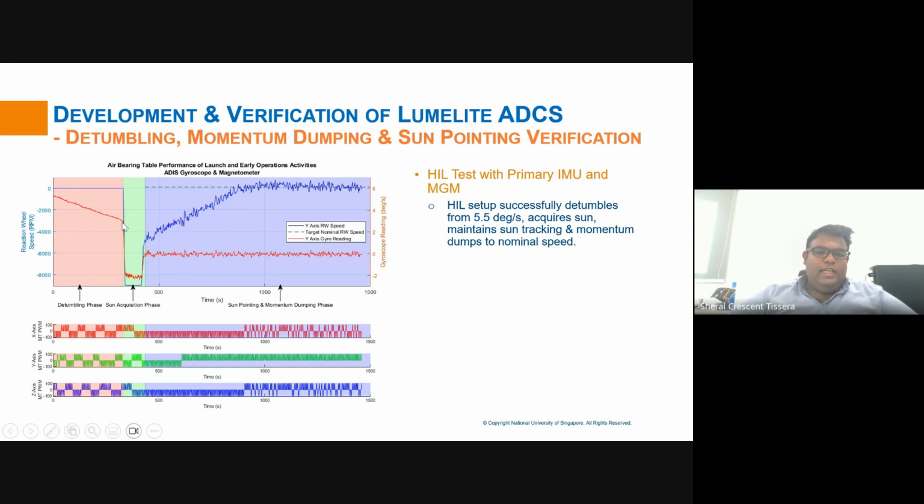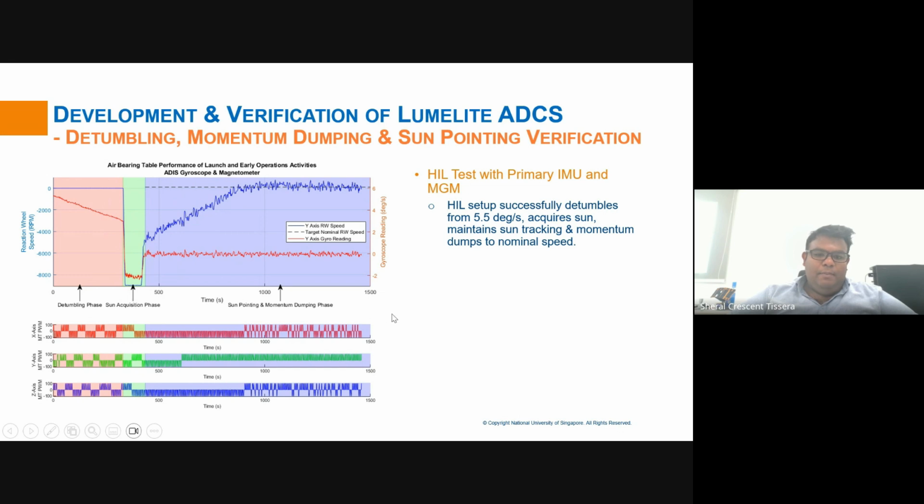So once it is within an acceptable residual momentum requirement, the satellite will start the sun acquisition phase shown in green color, where the reaction wheel will decelerate to 9,000 rpm to absorb this residual momentum.